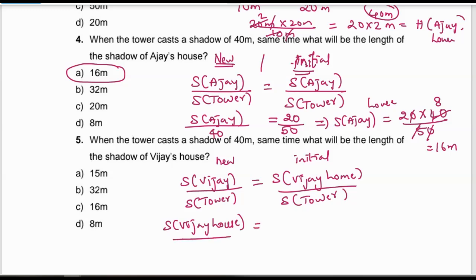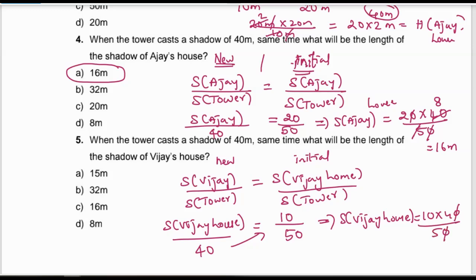Now the shadow of the tower newly formed is 40. Then shadow of Vijay house was 10 in the beginning. Then tower was 50. Then again you do cross multiplication, we get shadow of Vijay house will be equal to 10 into 40 divided by 50.